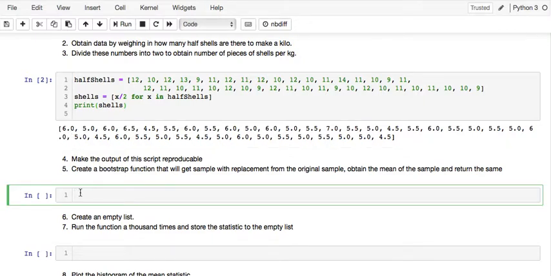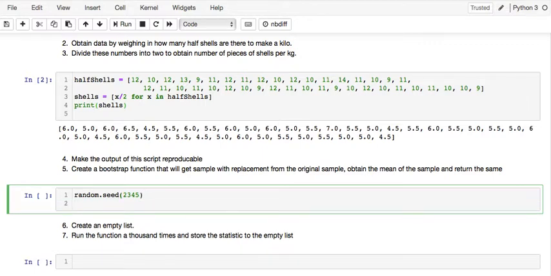Next is make the output of this script reproducible. So guys, you can reproduce the output of this script and create a bootstrap function that will generate a sample with replacement from the original sample. In this case, the original sample is shells.